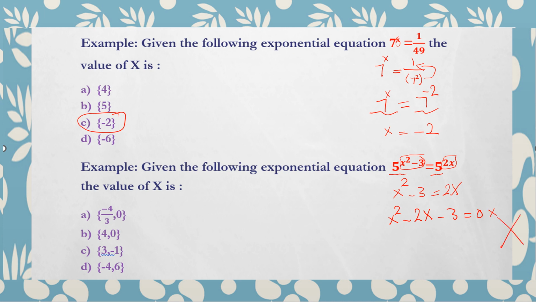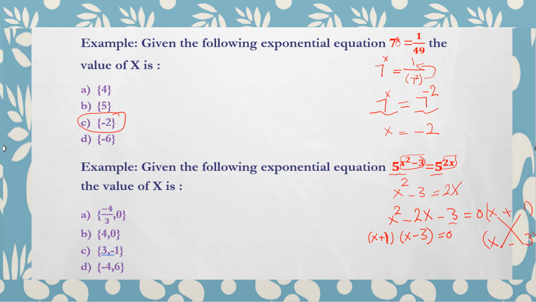x, and 3 means 1 times 3. So we can give a positive sign here and a negative sign here. Then the solution of this quadratic equation is x plus 1 times x minus 3, and this equals 0.